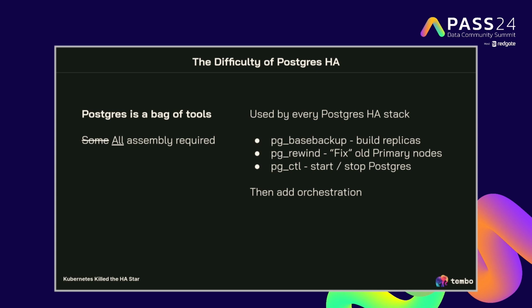Postgres is, whether it's a fault or not, just a bag of tools, and it leaves a lot of edge cases. Back in the day, I would say, don't try to build your own HA. Use Patroni or repmgr or EFM or one of the provided ones, where people who work in the industry have tripped over themselves and found all the edge cases and then built a tool to fix them.